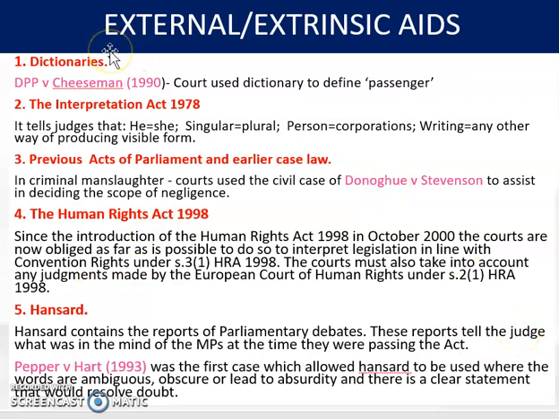So firstly, a dictionary. And a case that we looked at in our very first video tutorial was DPP and Cheeseman. And I'm sure you all remember that case, the guy who was caught masturbating in a toilet.